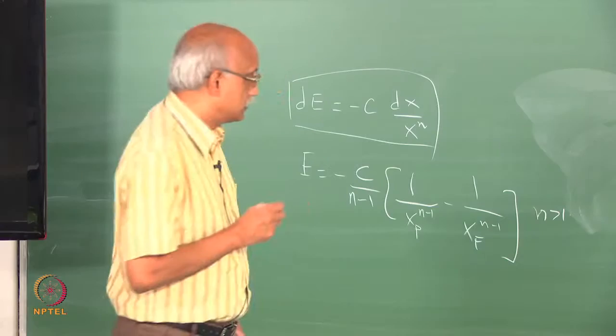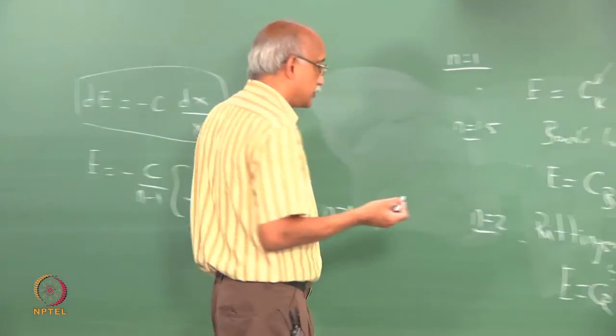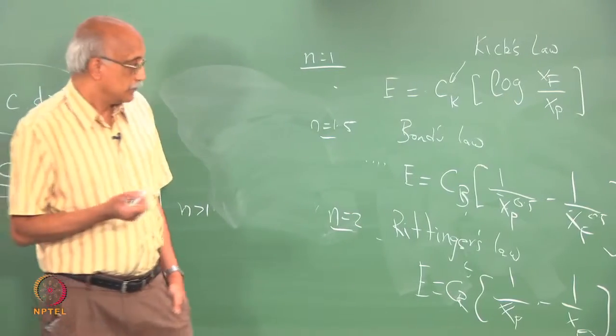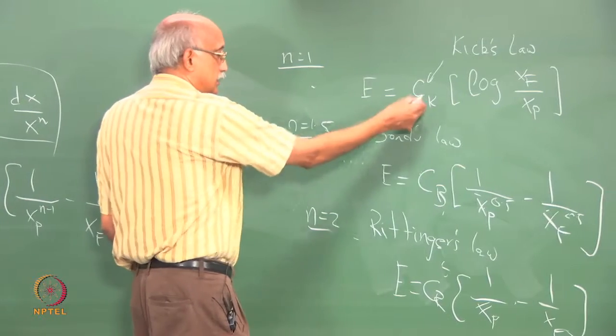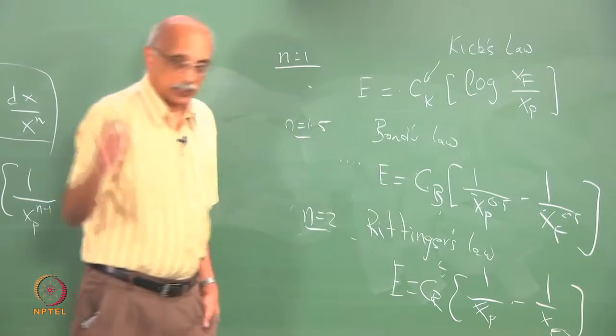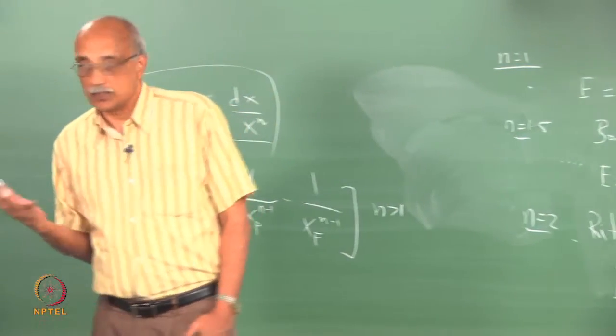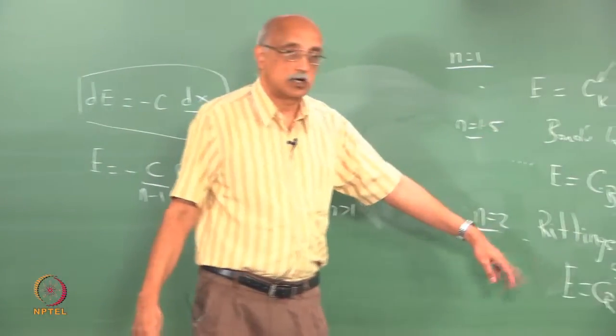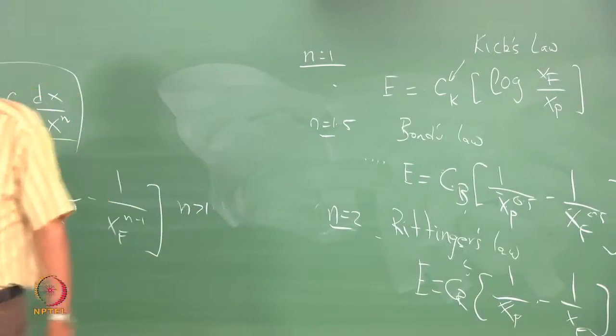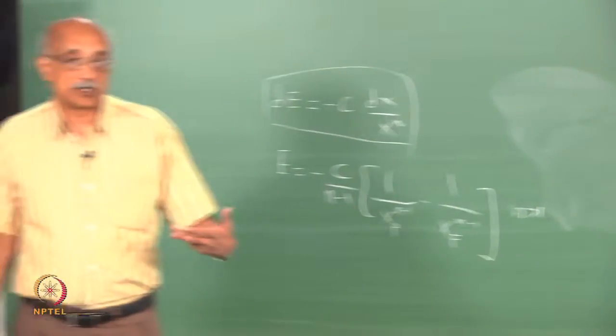Bond's law also introduced something called a work index, which is related to this constant. By the way, the Ck, Cb and Cr are the respective constants for the different laws, and they are not really relatable to each other, and Ck and Cr are completely empirical constants that you have to derive based on your own experiment.